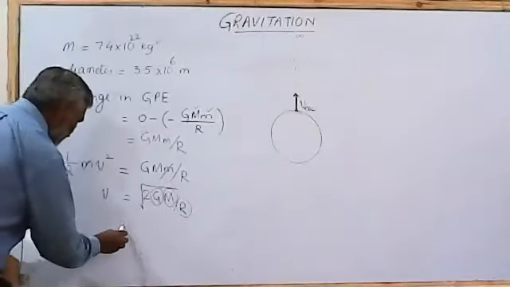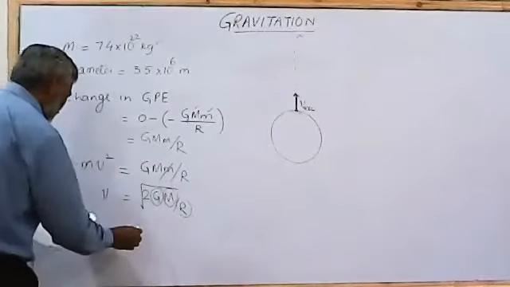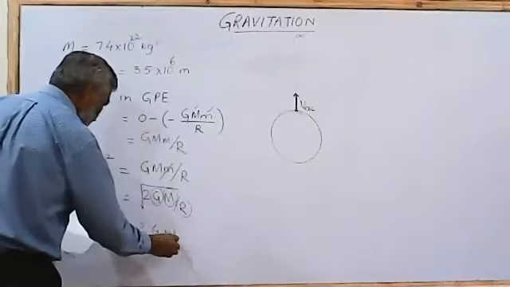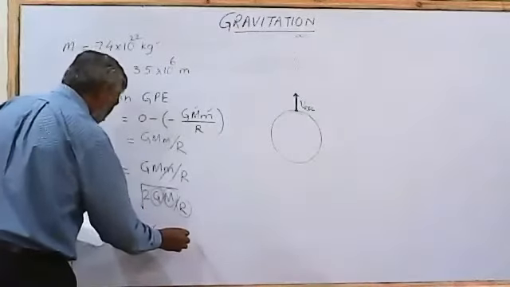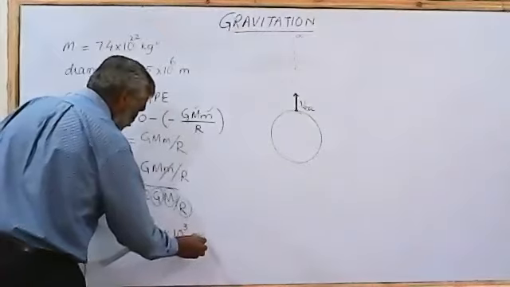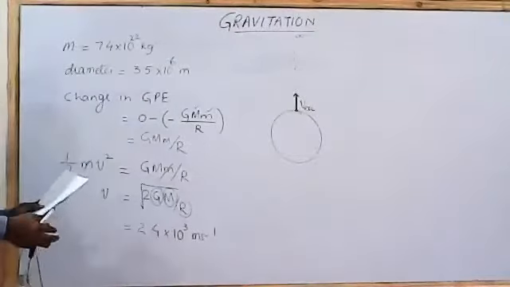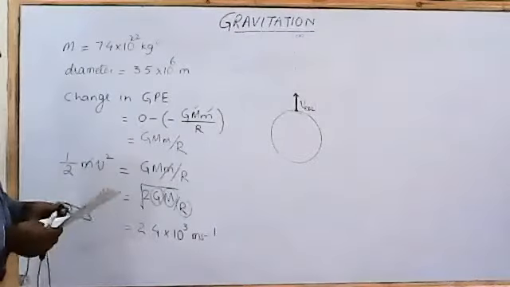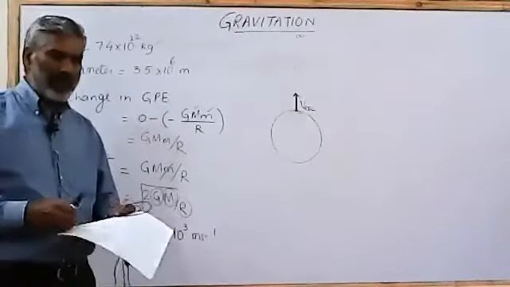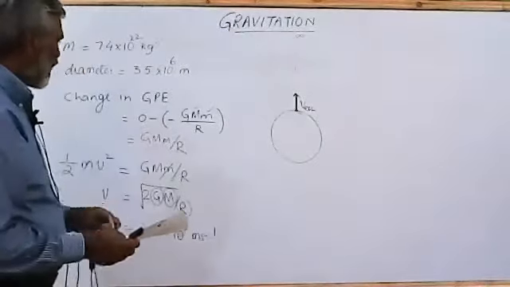So after using all these values in this expression, it is easy to see that it comes out to be 2.4 into 10 to the power 3 meter per second. So this is the escape speed from the surface of the Moon.